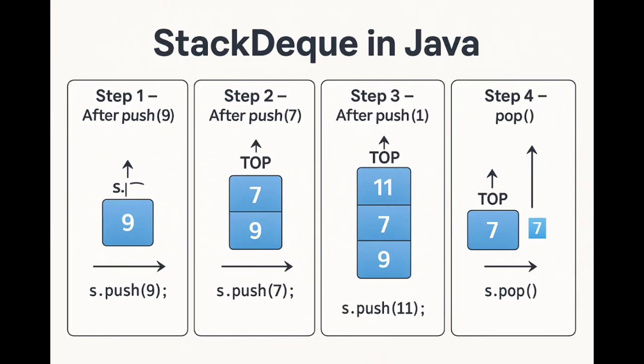This removes the top element, which is 11, from the stack. After popping, 7 becomes the new top element. So, in summary, a StackDeque follows the LIFO rule, last in, first out, and the last element we pushed is the first one to be removed.